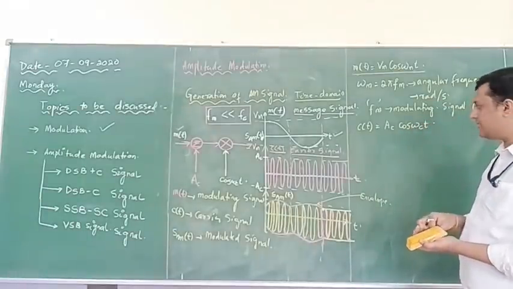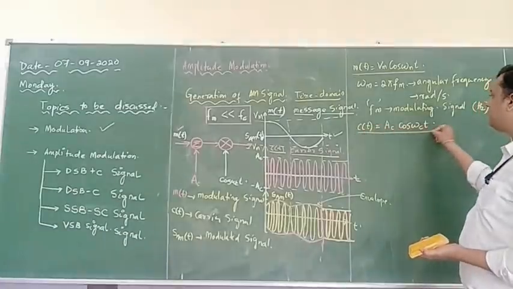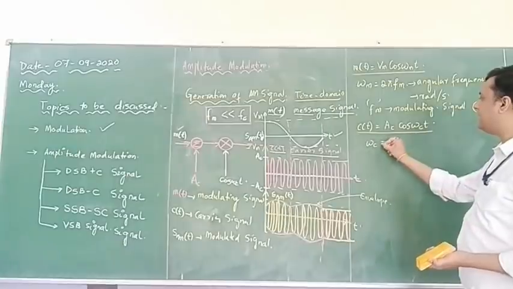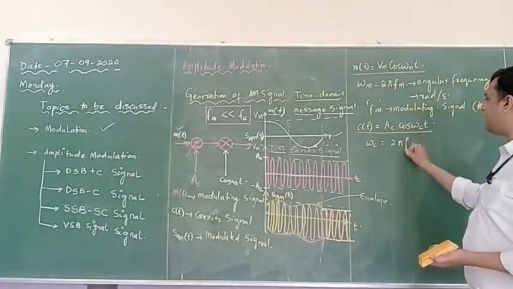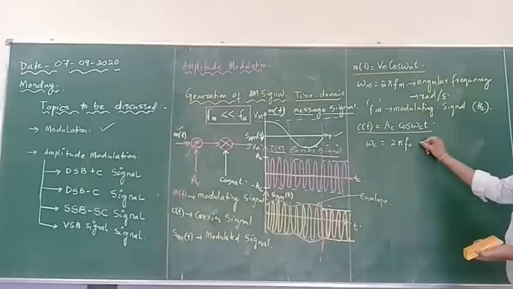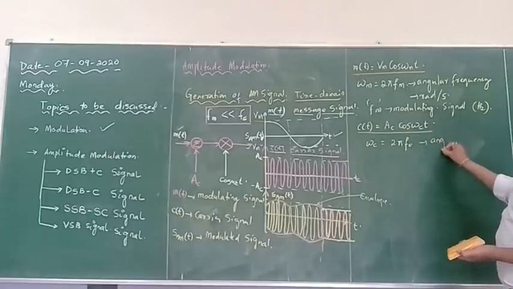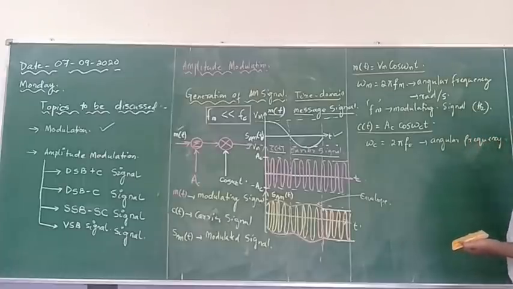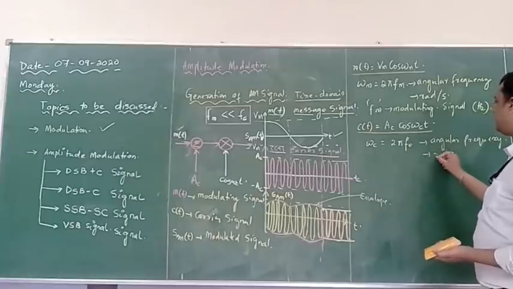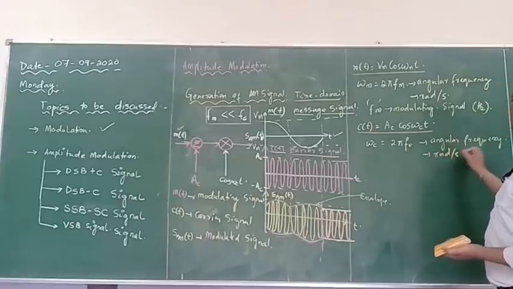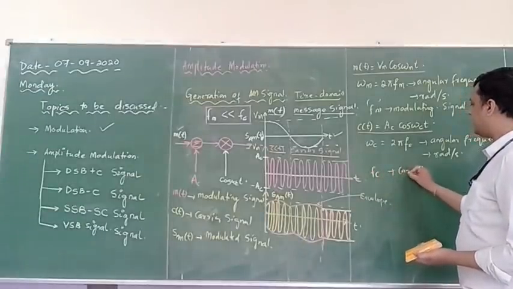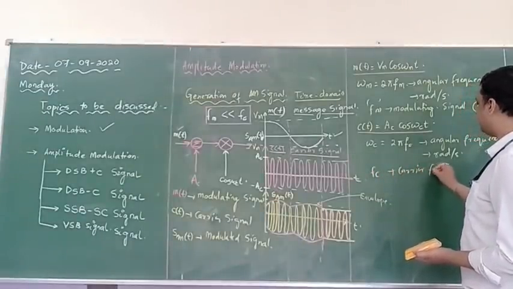So c of t is equal to Ac cos omega c t, where omega c is equal to 2 pi fc, which is also called the angular frequency of the carrier, whose unit is also rad per second. Similarly, fc is the carrier frequency.